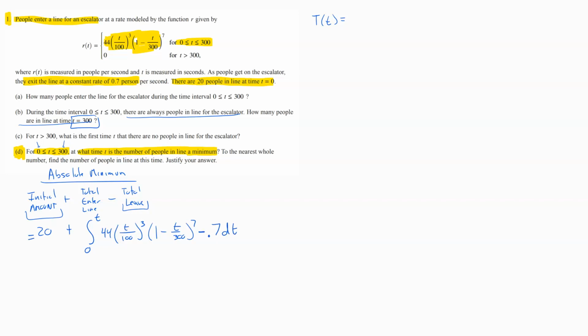We didn't call it T of t, which is what I'm going to call it now, the total amount at any given time, but that's what we're going to use it for in our absolute minimum process. So I say, okay, I've got 20 plus the integral from 0 to t of 44 (t over 100) cubed times (1 minus t over 300) to the 7th minus 0.7 dt.